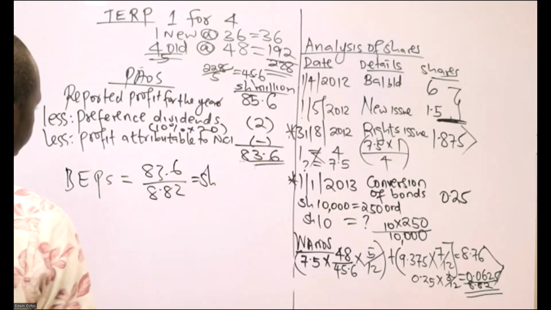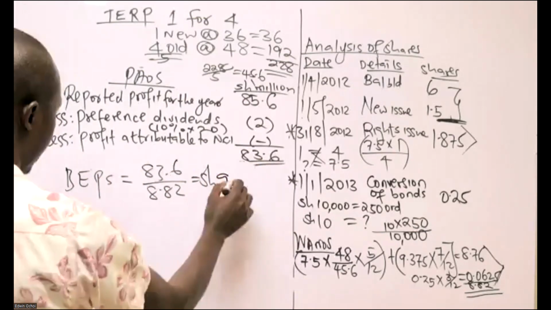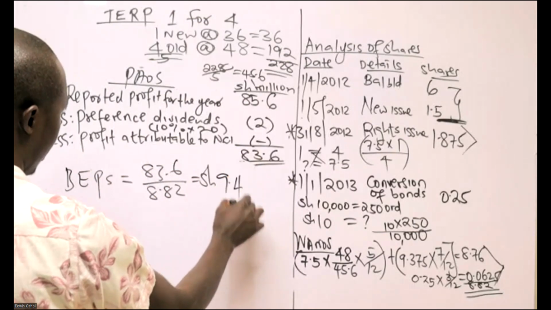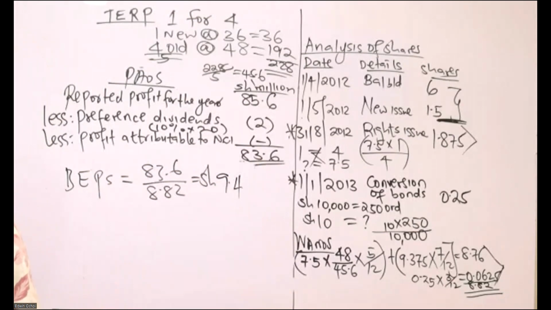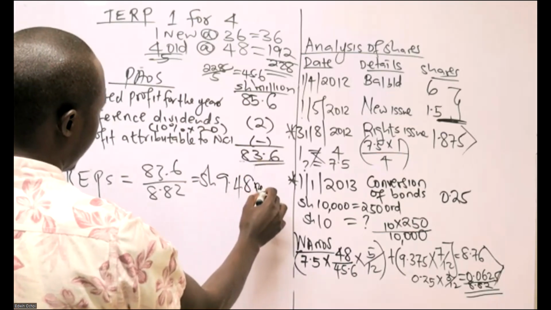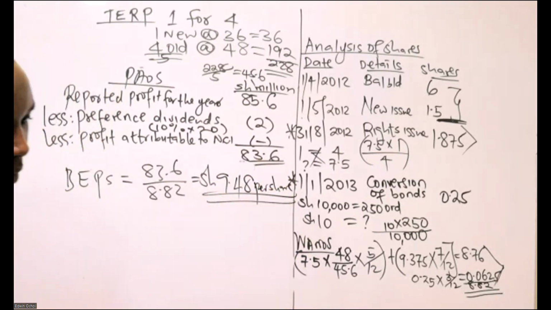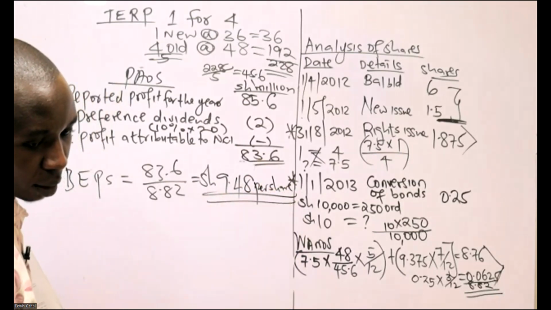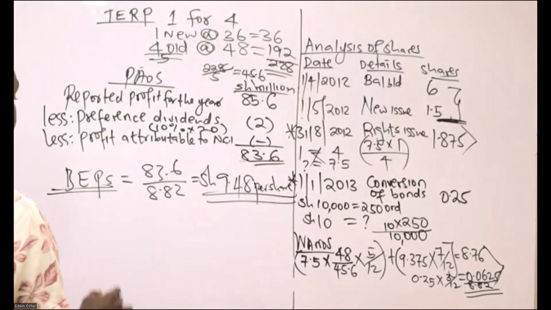So shillings what per share? 83.6 divided by 8.82, that is 9.48 per share. So we are done with the basic earnings per share. So now we move to what?